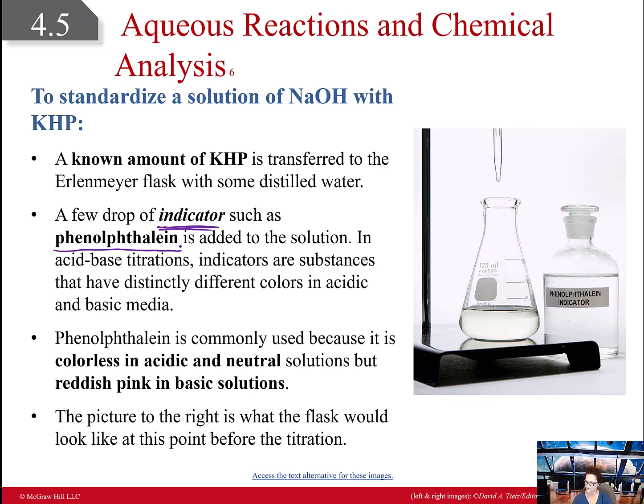So this is what it looks like initially when you start, and you've got the phenolphthalein in there, and you've got the KHP. It's colorless, because the KHP that's in there is an acid.